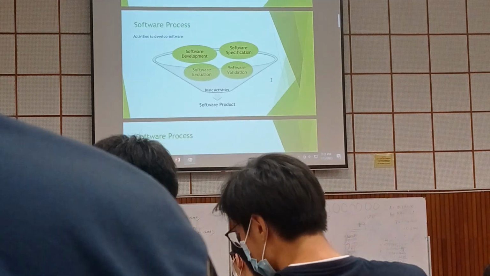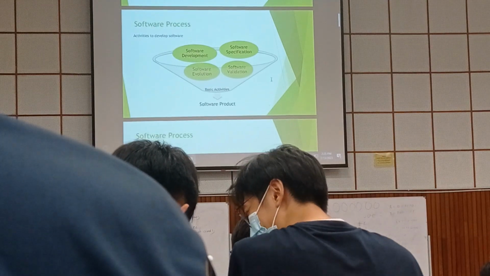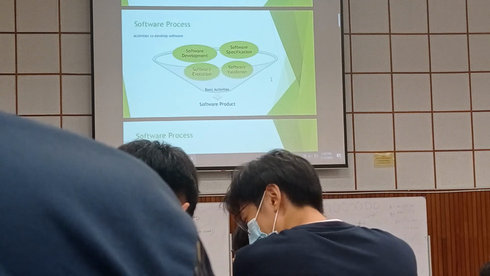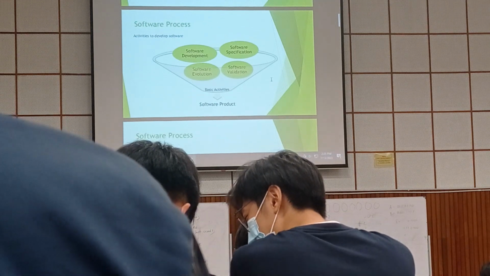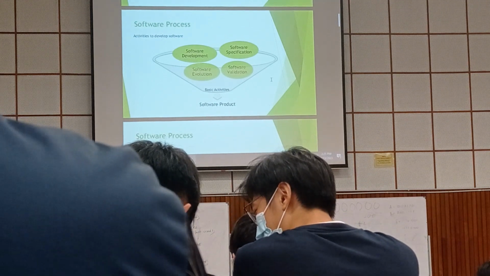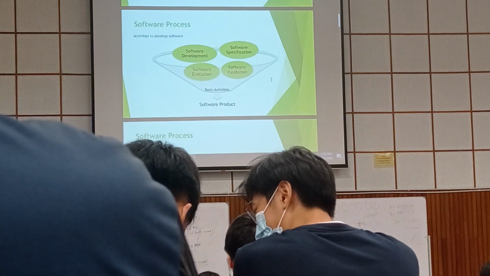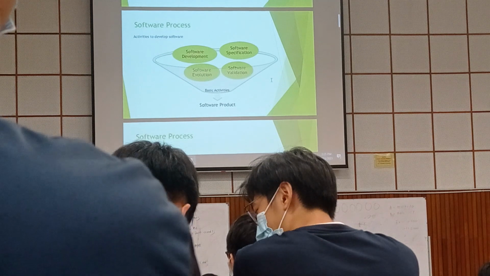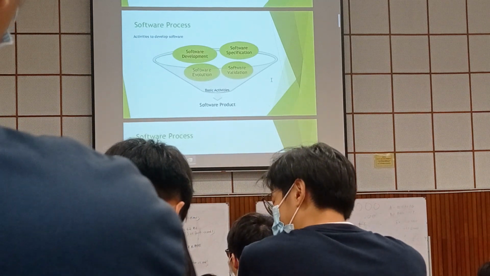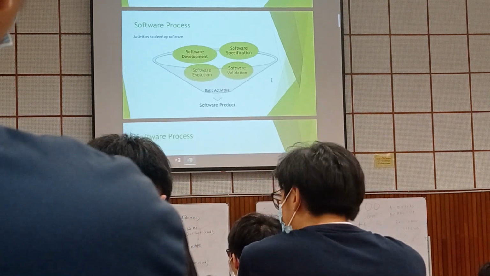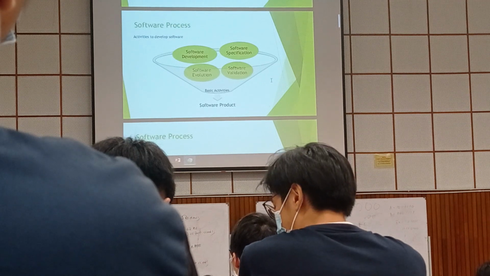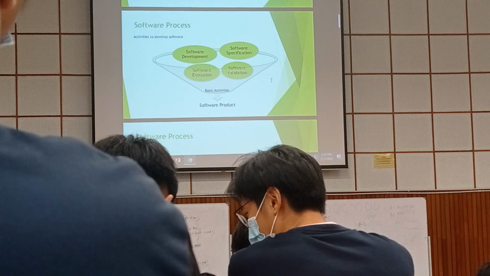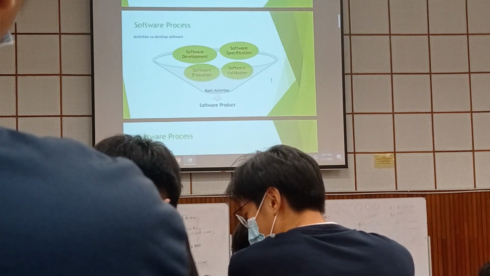So basically, when we develop software, these are the four important activities in the software process: software development, software specification, software evaluation, and software validation. Software development here is the prototype, how your system is going to be. Software specification is where you find out the constraints, the exact things that your customer needs.